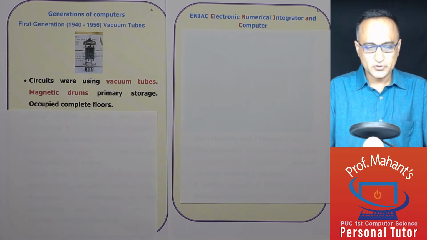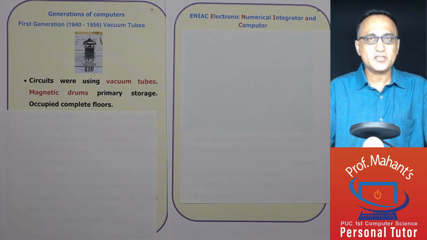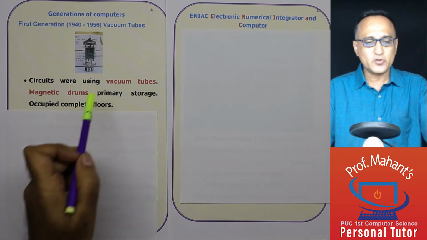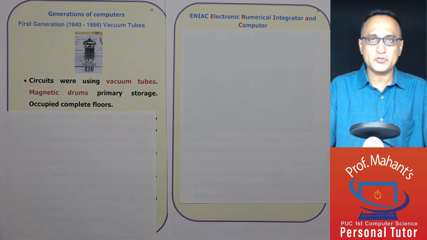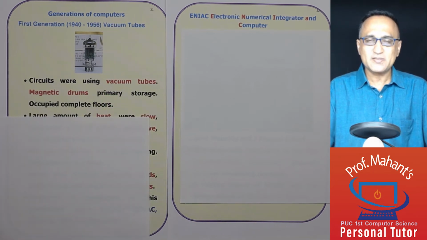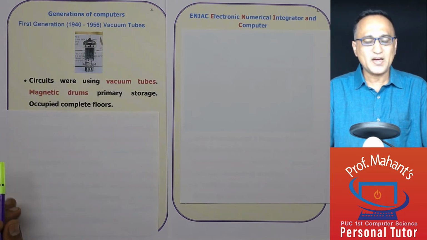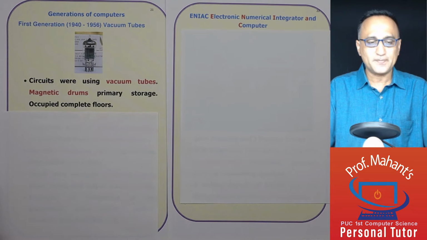For those of you who have no idea what a vacuum tube is, it's really tough to visualize, because probably only your parents would have seen one, in an old huge transistor radio made up of vacuum tubes. A vacuum tube is an electronic component similar to a transistor, except that its power consumption is very high. It generates a lot of heat.